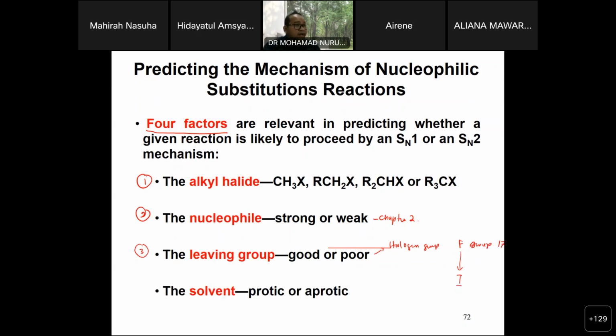And lastly, you have to check whether the solvent that you use is protic or aprotic. This is very important. There are 4 factors, so list down everything and then make adjustments. I already prepared some questions, so maybe we can discuss them during the next class.